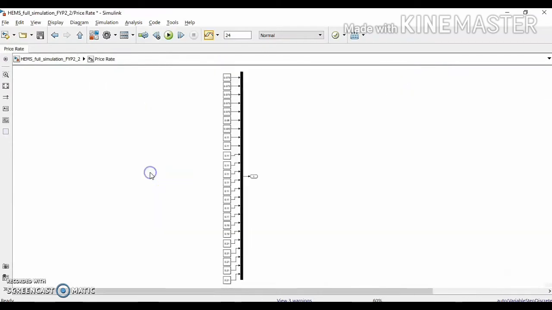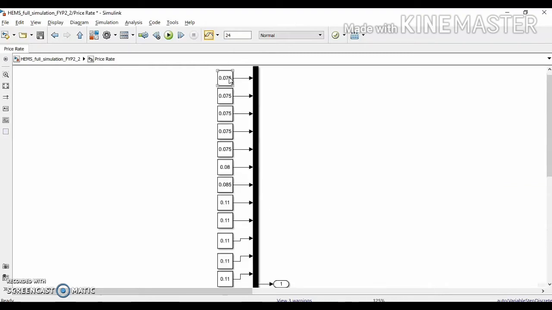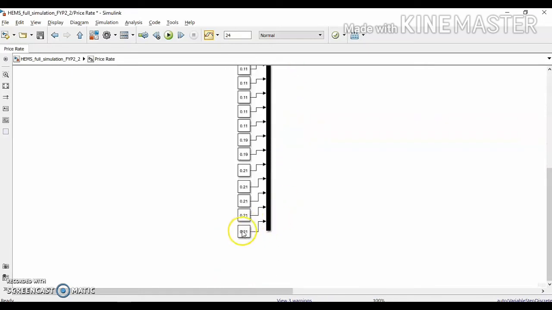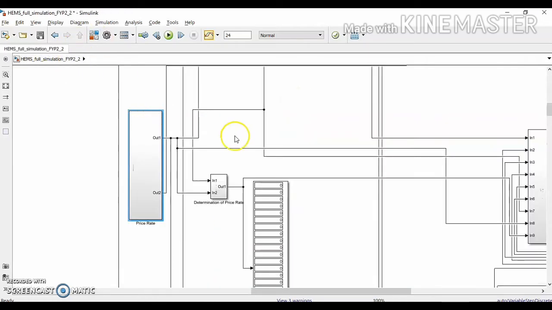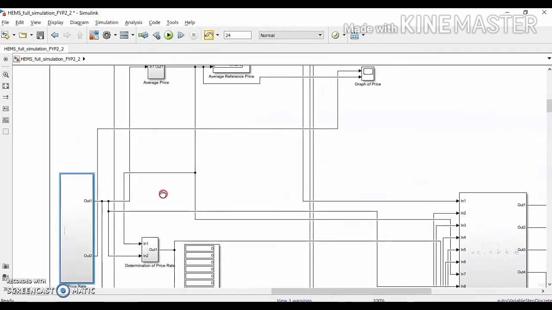This one is the price rate. I have put the price rate for every hour. For example, at 1 a.m. the price rate is 0.075 cents, and for 2 a.m. it is 0.075 cents, and so on until 24 hours.